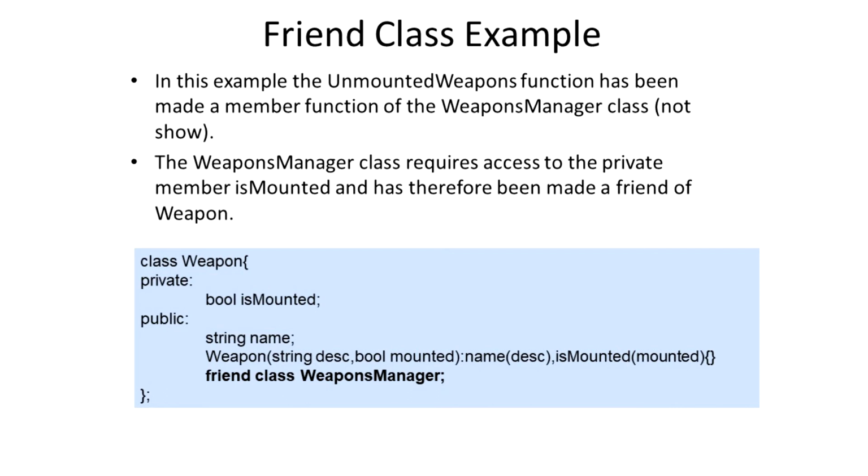To simplify things a bit and allow unrestricted access, we're just going to make the weapons manager class a friend of the weapon class so that the unmounted weapons function can have access to isMounted as it did before. Okay, so that's the syntax required for making classes or external functions friends of a given class.